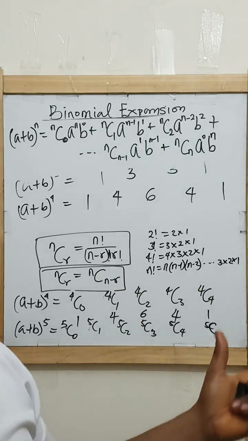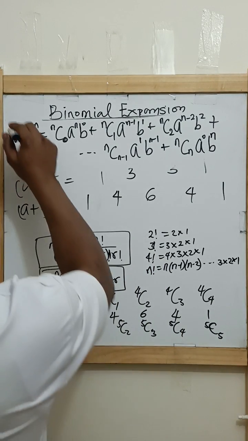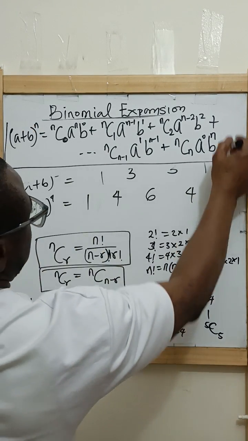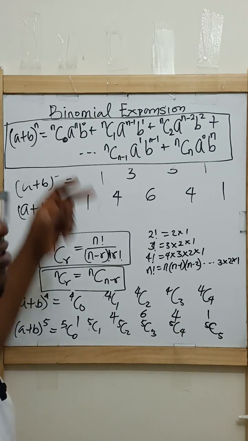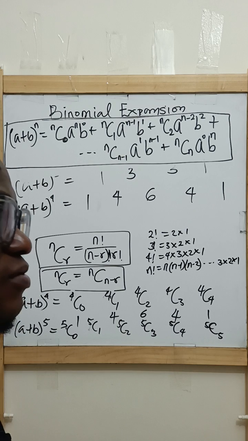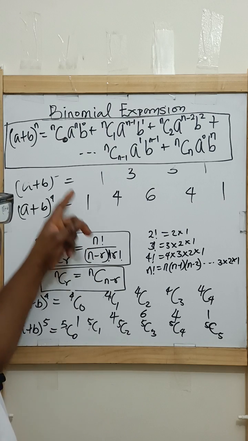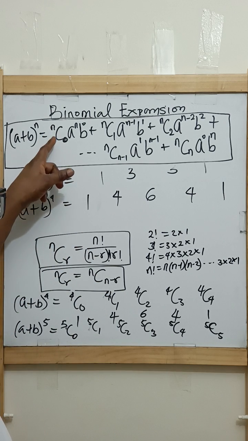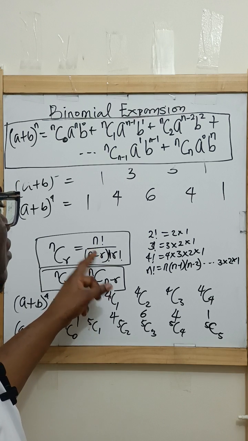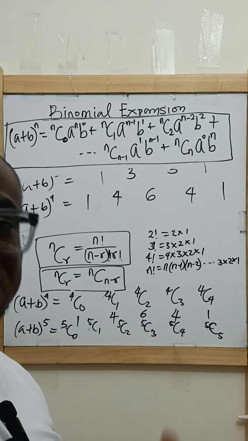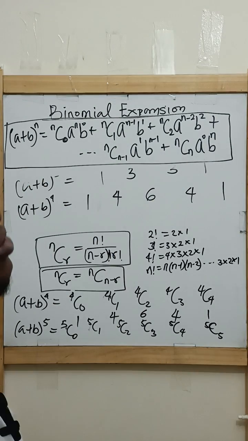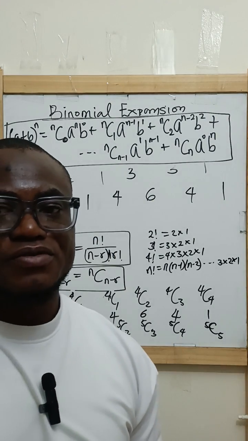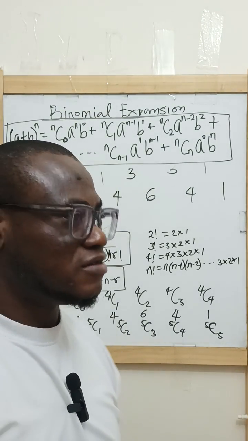So this is the general expansion. In some textbooks, instead of writing these in this format, they write it using this notation, which is the same thing. So this is the general expansion of binomial. Okay, thank you.